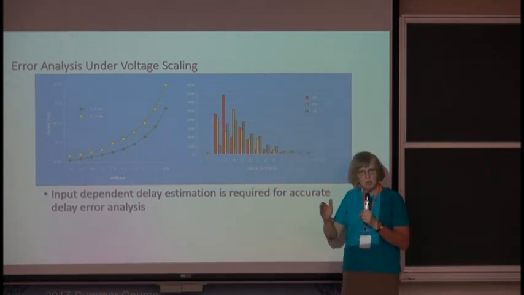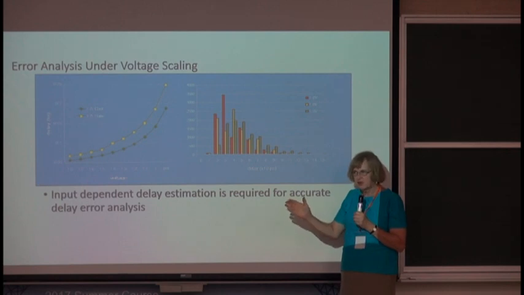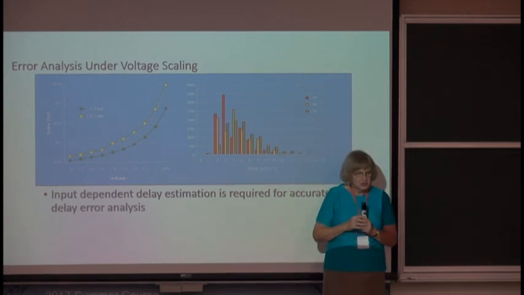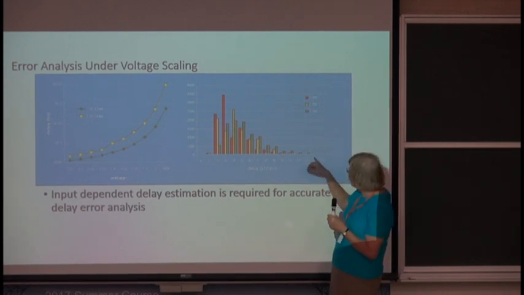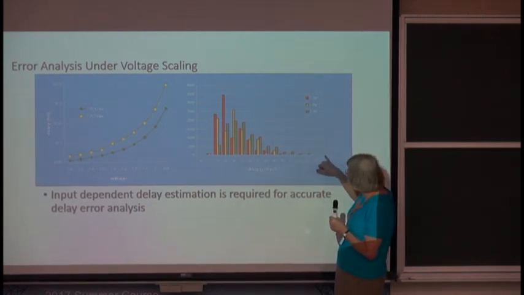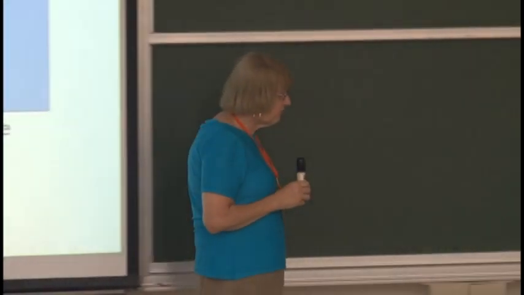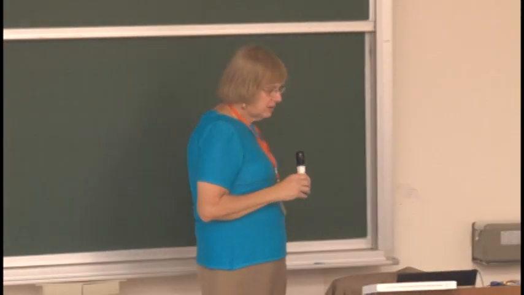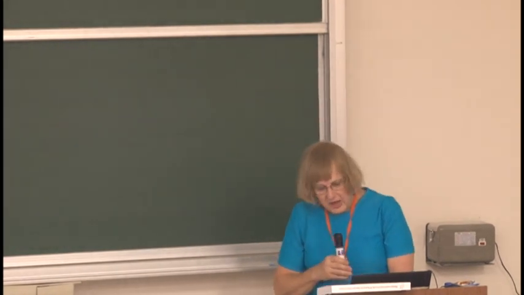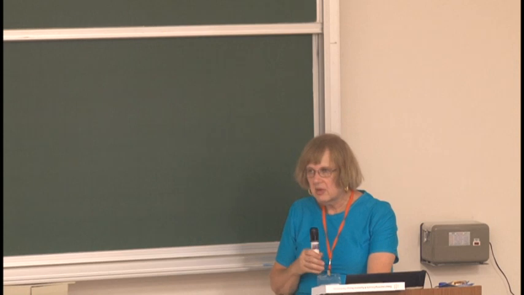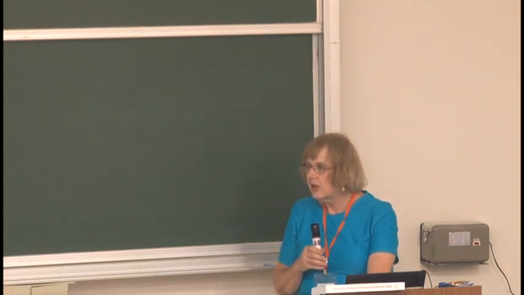So we see more variation as a function of the input values at low power supply voltage. To make sure we capture all of these, you see there's one value all the way out here, and we'd have to wait a very long time. So the option is to occasionally not wait long enough and get the wrong answer.